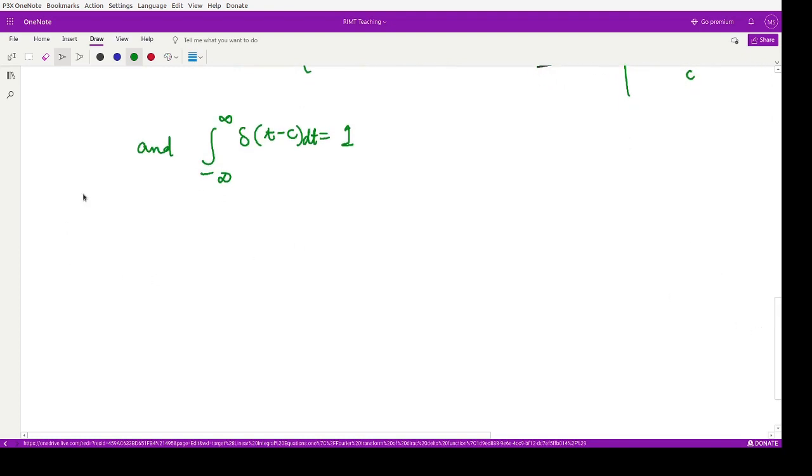Now let us have a look at the relationship between this Dirac-delta function and the unit step function.